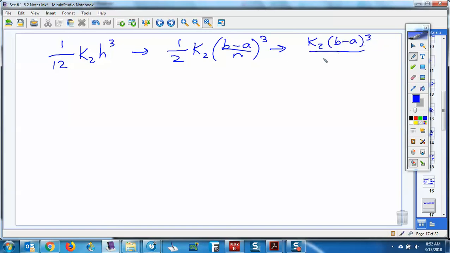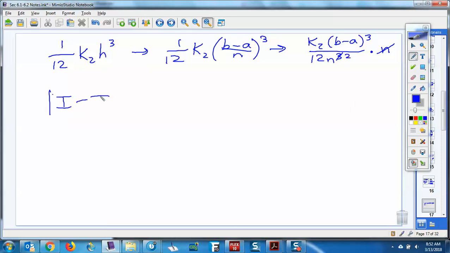The bottom is going to have a 12, and now I have a 12N cubed, correct? But that's the amount of error in this worst case scenario, and that's only for one subdivision, so I have to multiply that by N. So that's going to cancel there. So I've got it. Here we go. I've just got my formula.